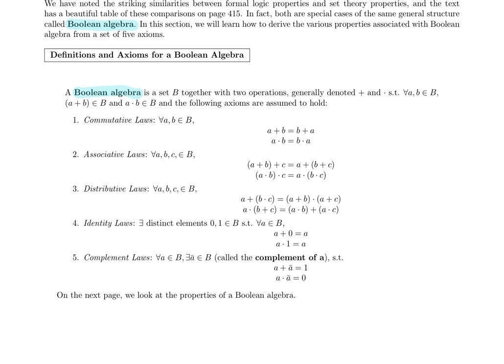Kind of nifty how useful these guys would be. They become very, very useful, especially when you get into things like logic circuits. But there are a lot more applications that we're just not going to have time to get into, but I highly suggest, especially if you're in computer science or computer engineering, that you look into a little bit more how you're going to use Boolean algebra in your logic.